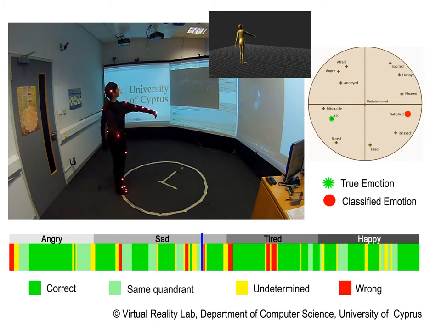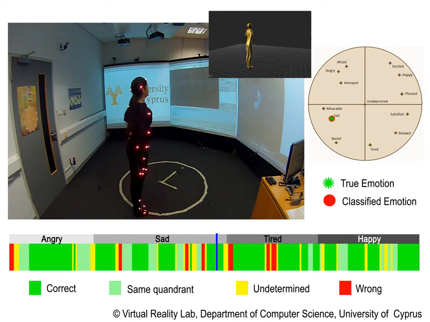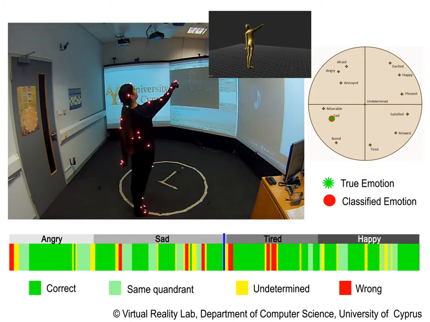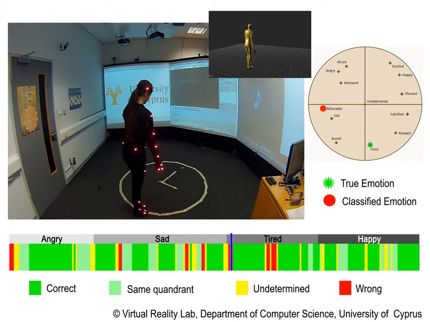On Russell's circumplex model on the top right, you can see the actual acted emotional state of the performer in a green star and the classified emotion in red.